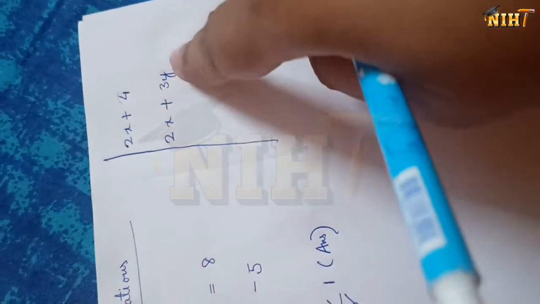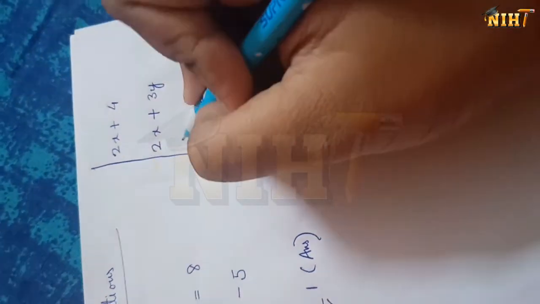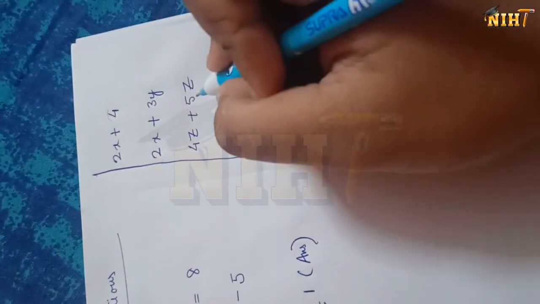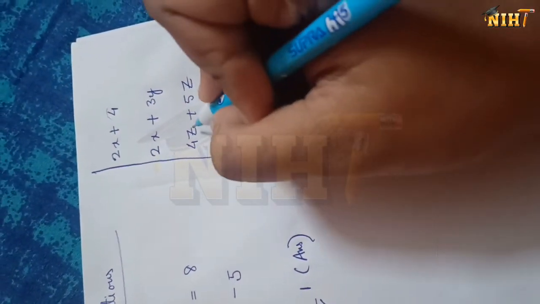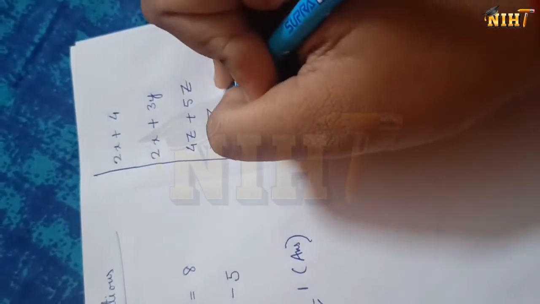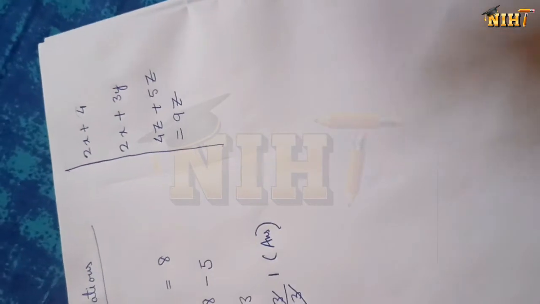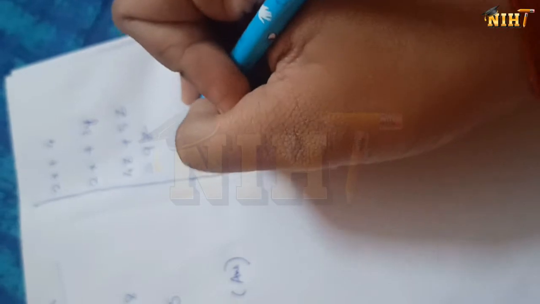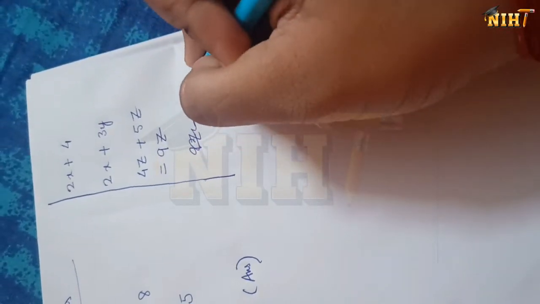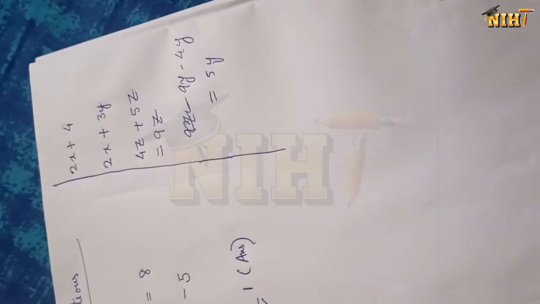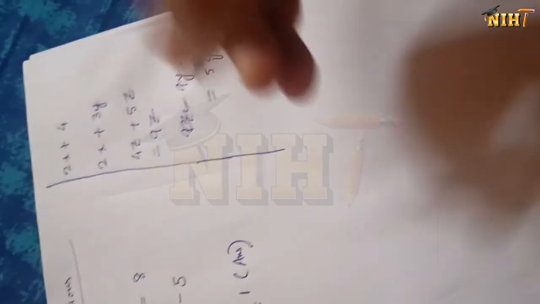No, because both variables are different. 4z plus 5z, will it go? Yes, because both have the same variable z. So what is 4 plus 5? 9z. So in addition and subtraction the variable should always be the same.